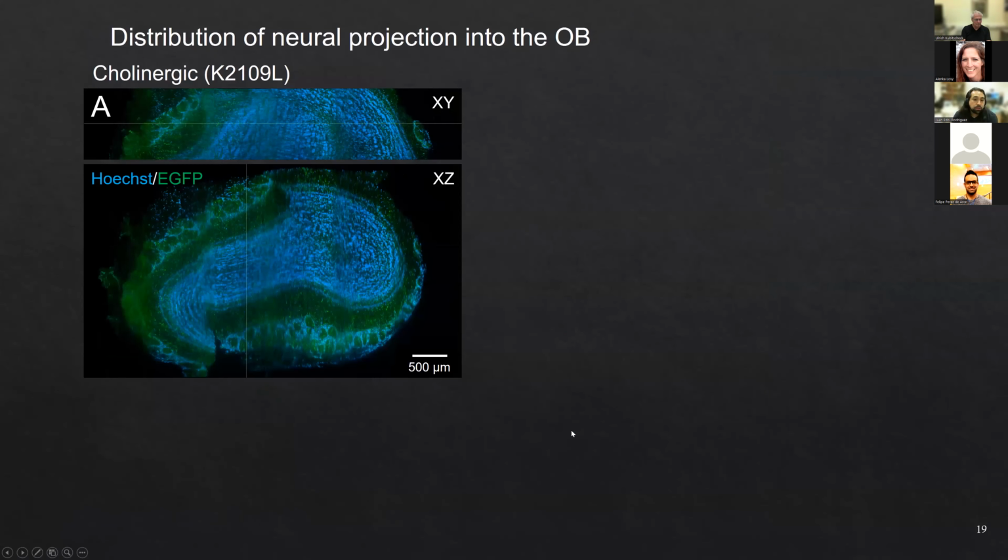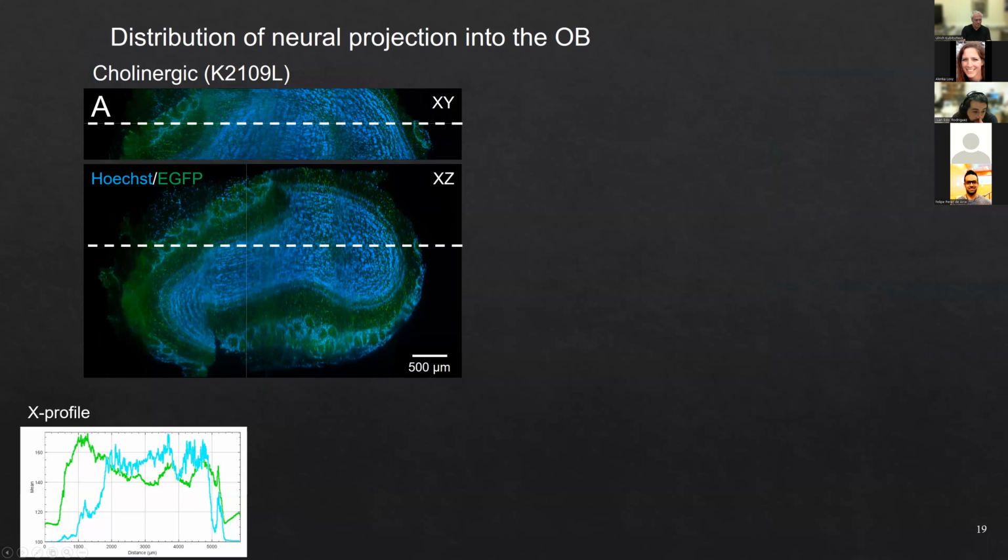So for that, one way to do it is making an X profile. So in this case, we are taking a 3D profile along the X axis. So in green is the fluorescence intensity of GFP, and cyan is the nuclear stain.